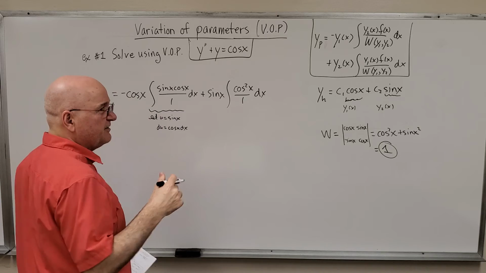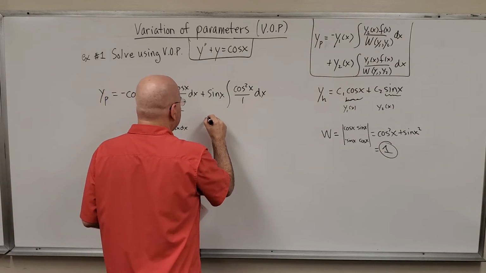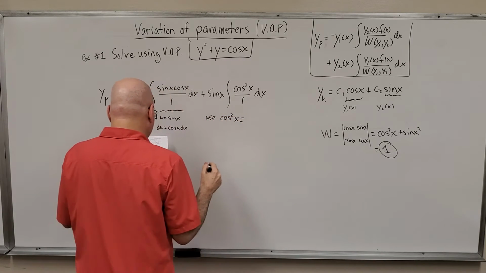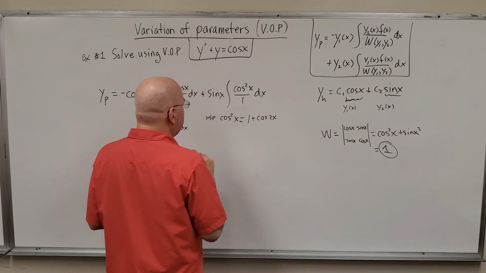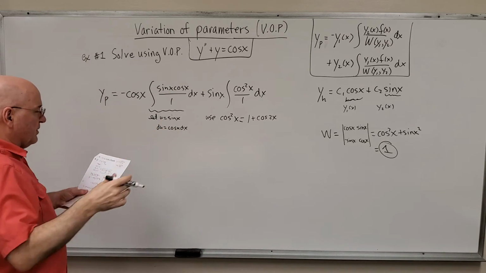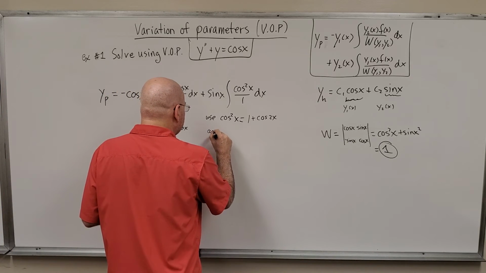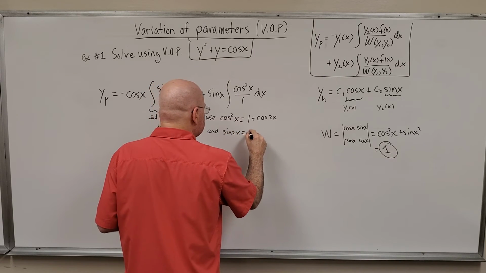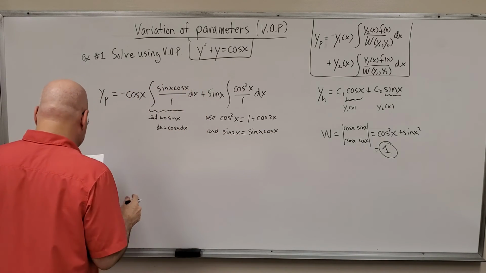Cosine squared is a tough one to integrate unless you use an identity, so I'll say use cos squared x being equal to 1 plus cosine of 2x over 2. And then when you take the derivative of cosine 2x, you're going to end up with a sine 2x. So you're also going to need sine 2x as an identity, which is equal to 2 sine x cosine x. So you'll need both of those identities.